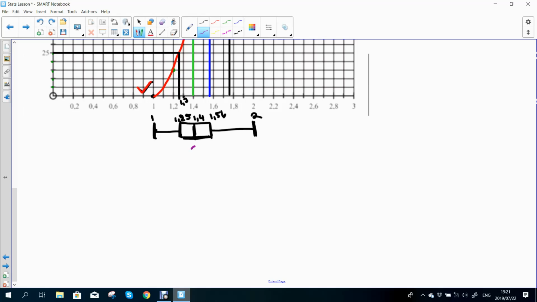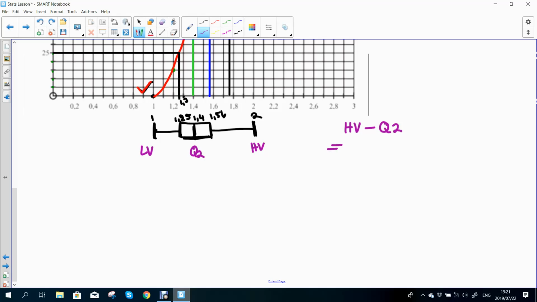So to determine the skewness, we're going to use quartile 2, the highest value, and the lowest value. And what you want to do is see what is the difference between your highest value and quartile 2.